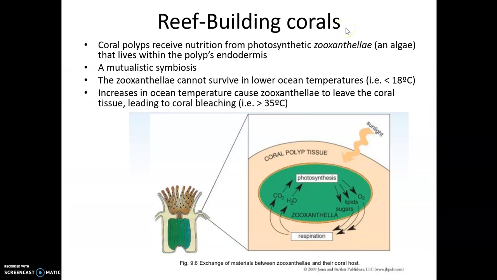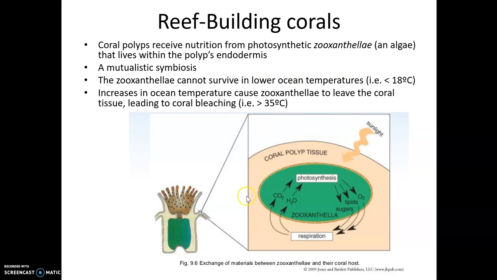And if we then zoom in and take a closer look at those organisms, reef-building corals, then it's actually what is defined as a mutualistic symbiosis between two species. So the coral polyp is an animal, and inside the tissue of this animal, we have one-celled algae living. And this specific type of algae is called Zooxanthella.